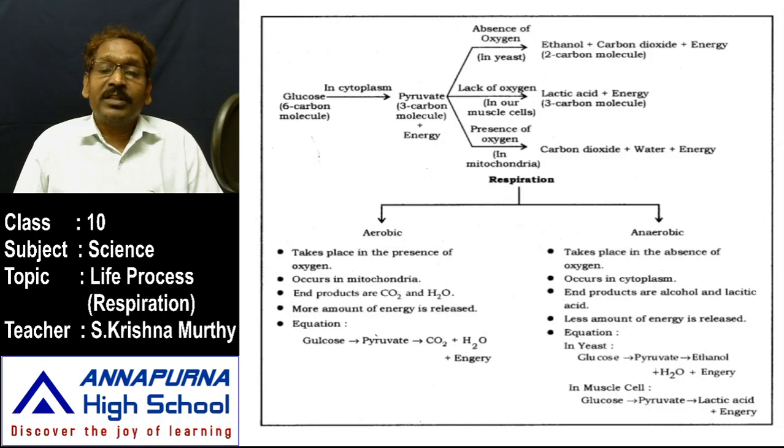Ethanol, which is alcohol, and lactic acid. In anaerobic respiration, a very small amount of energy is released. We also get muscle cramps in anaerobic respiration. Whenever lactic acid is stored inside the body, we get some kind of muscle cramps.